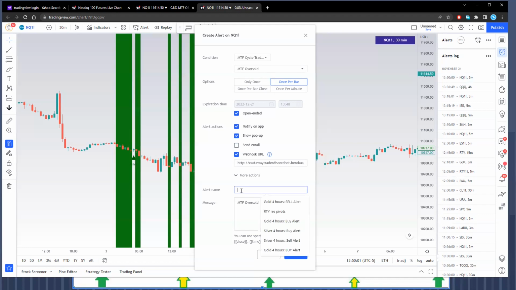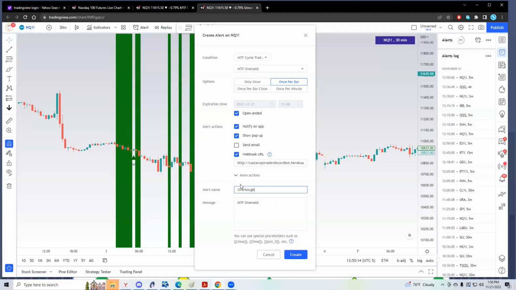And you can put an alert name, so when it comes with a pop-up notification, you would understand what it tells you. So you can set overbought on 4 time frames, and you click create, and basically the system would record that alert.